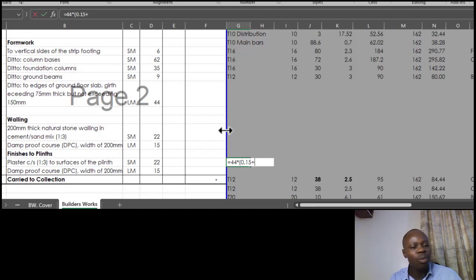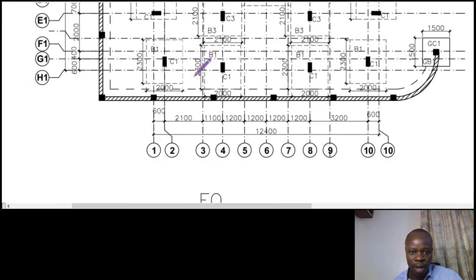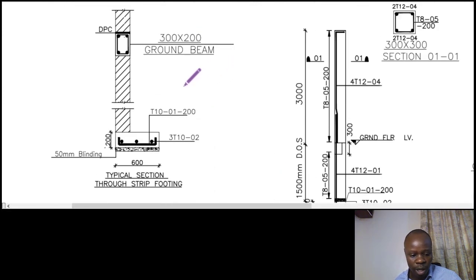But then we also need to add that part of the foundation walling above the original ground surface, and in this case we are going to use 0.15. That particular dimension would vary from one project to another. In most cases, like what we are using, let me check if that dimension has been drawn here.